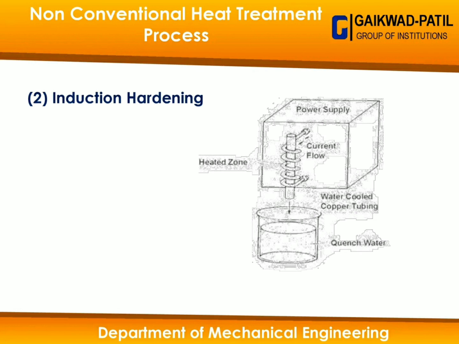The current passes through this coil, due to which eddy current is generated, and this eddy current heats the job kept inside it. After heating, the job is dropped into the water at the sink below for water quenching, and instant hardness is achieved on the surfaces. So this is also a very fast and popular heat treatment process in industry.